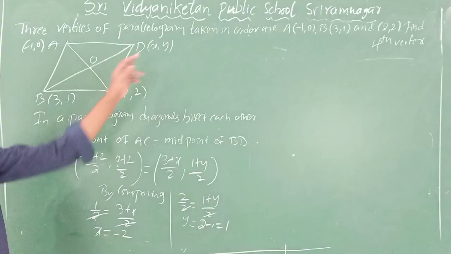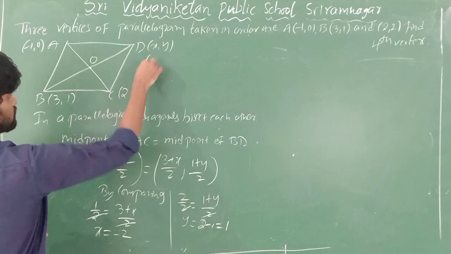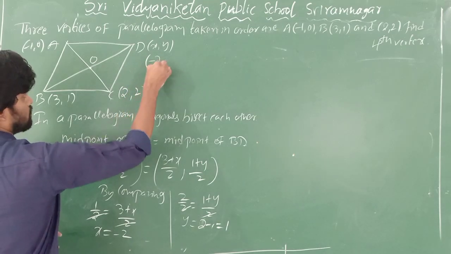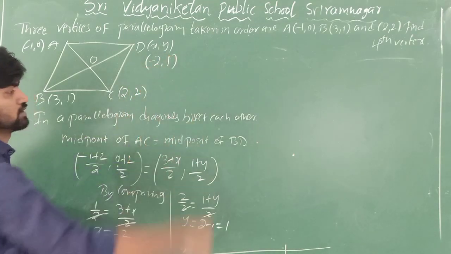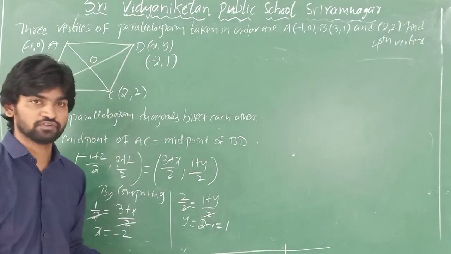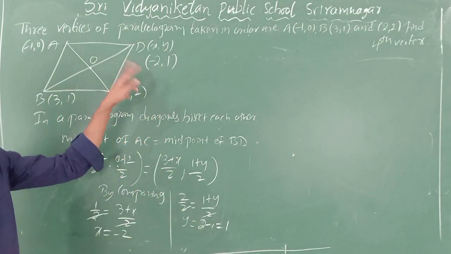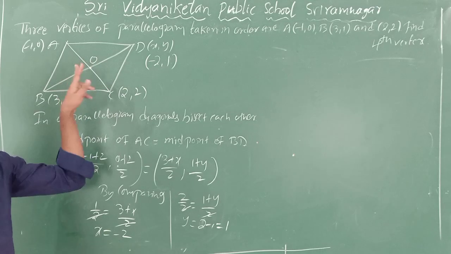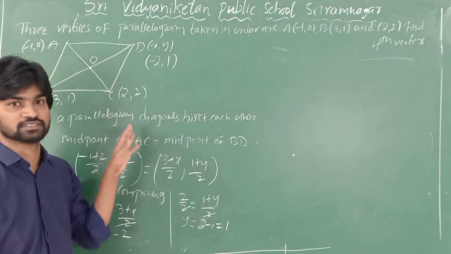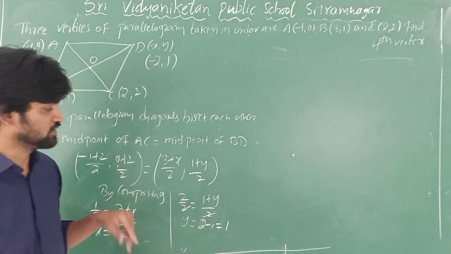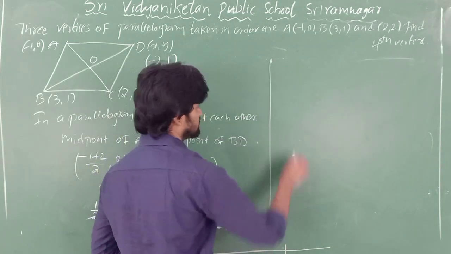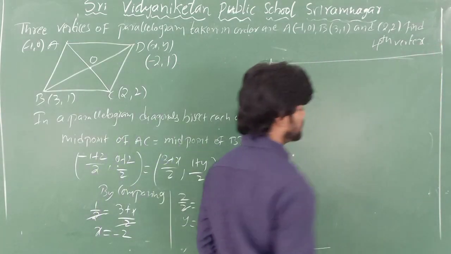So the vertex D is -2 comma 1. This is how we find the 4th vertex of a parallelogram. We use the midpoint formula. Very important concept this is. So one more question is there, we'll see it. This is a very important question.